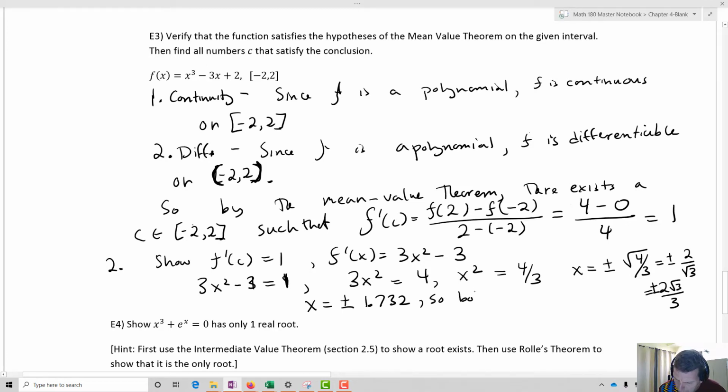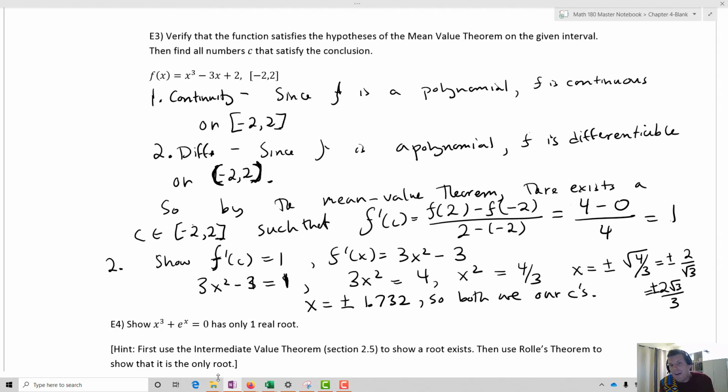So both are our c's. Those are both of the c's that we're looking for, both positive and negative 1.732. Those are all the numbers c that satisfy our conditions, where the derivative ends up equaling the slope of the line stretched between negative 2 and 2.